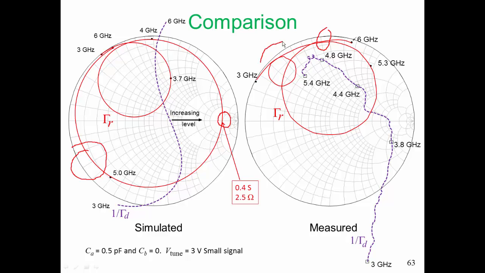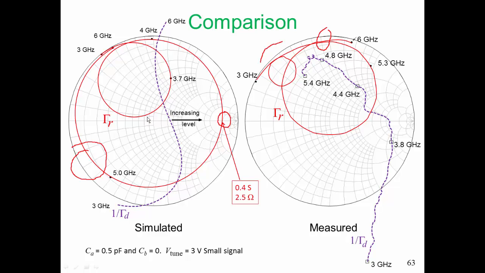Well, in fact, at 3 gigahertz, the electrical length is shorter, so we shouldn't have rotated as much. And at 6 gigahertz, the electrical length is longer in terms of degrees, and we should have rotated it back further. And so everything would have come together. But we don't have to be very precise here. We're trying to establish an understanding of what is happening in our circuit.